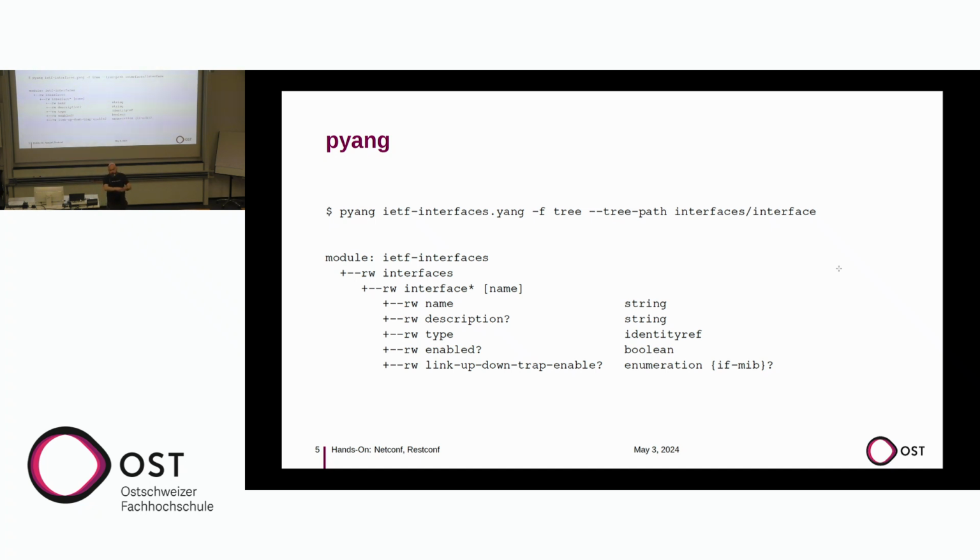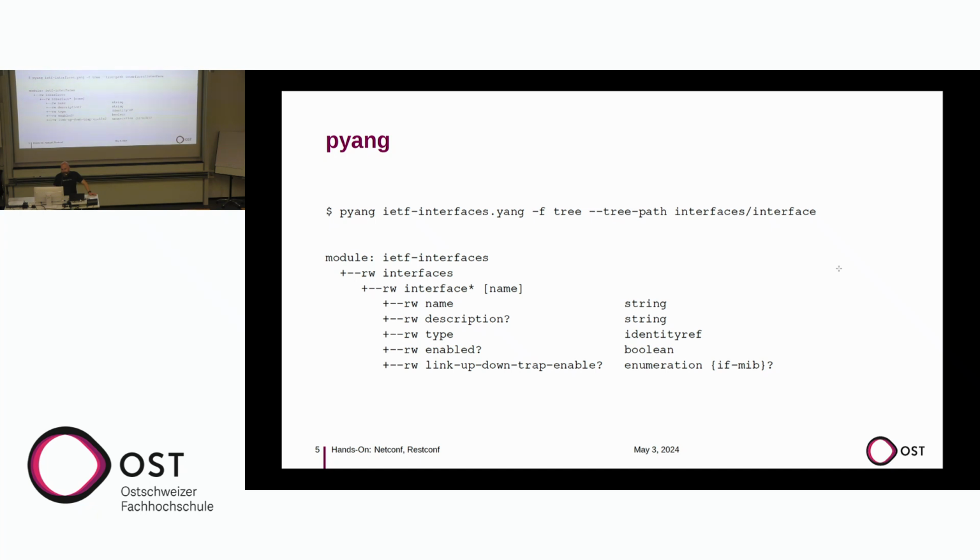Because if we want to go through all the files, one of the things with Yang is that many things can be in many different files. There can be deviation files changing the standard files, and this gets to be a nightmare if you want to do it by hand. So we use tools like pyang to analyze our data structure. I hope you did the exercise from last week, maybe. So then you have already used this tool.